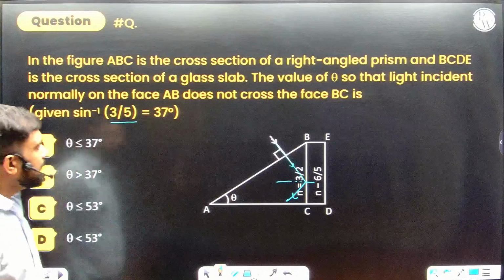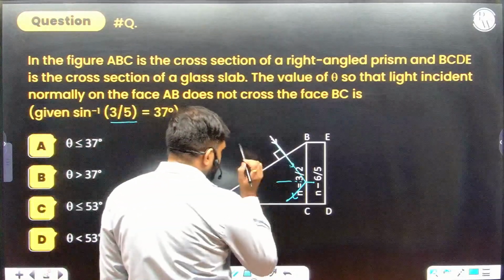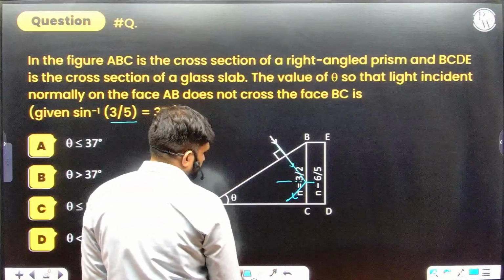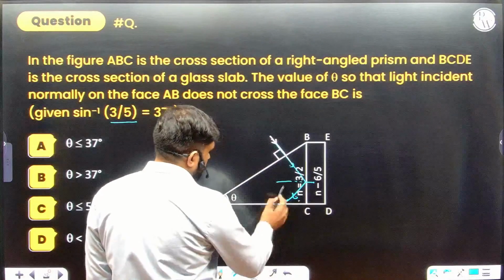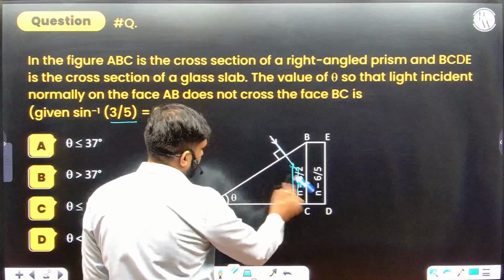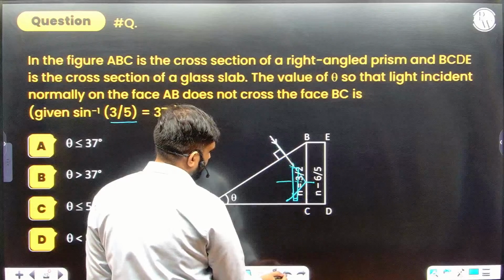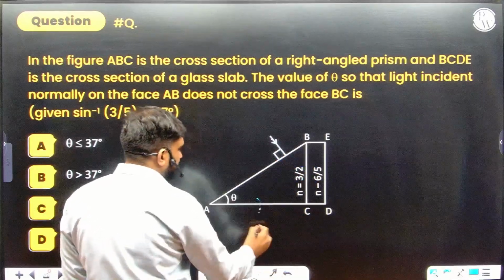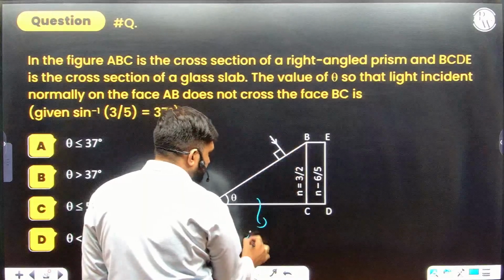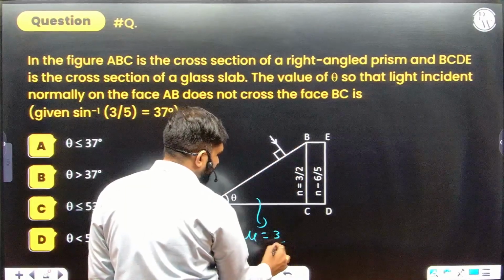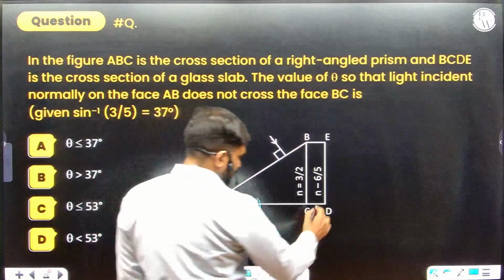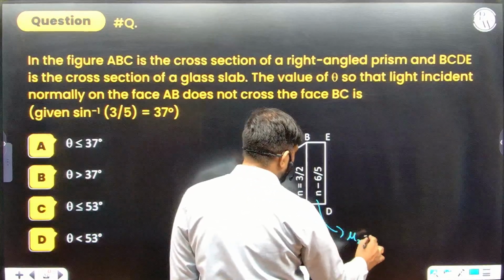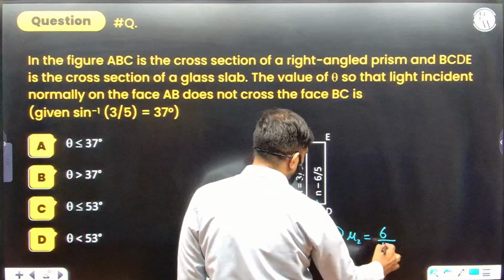Okay, so in this diagram, the first medium is your prism, and its refractive index is 3 by 2, mu1. The second medium has refractive index 6 by 5.